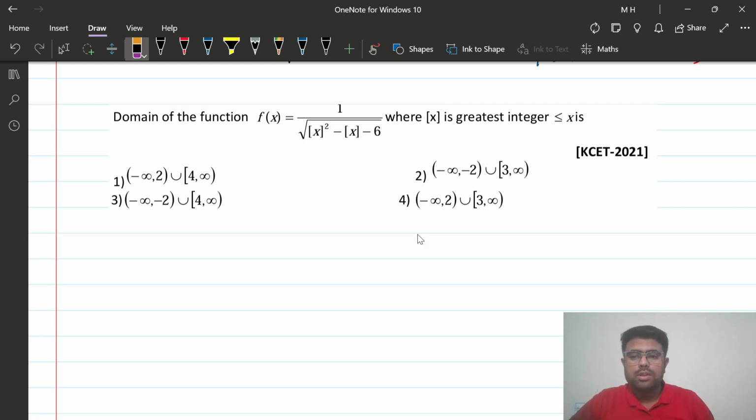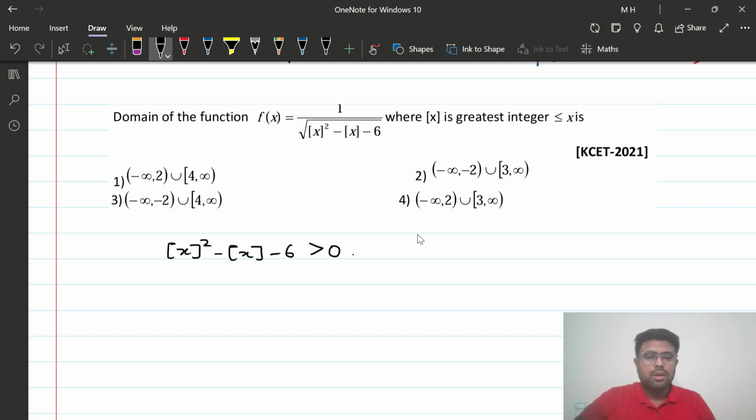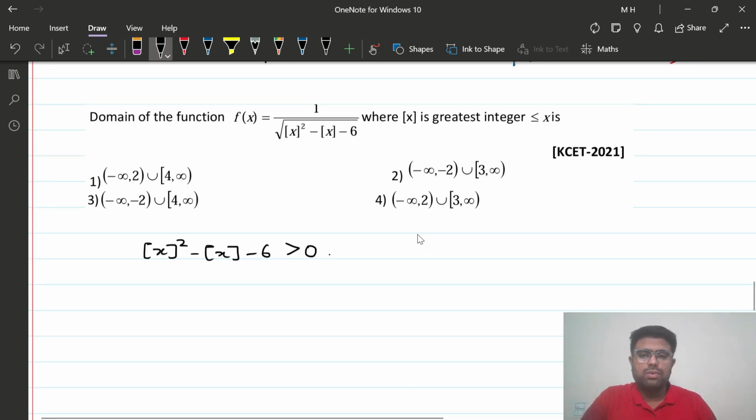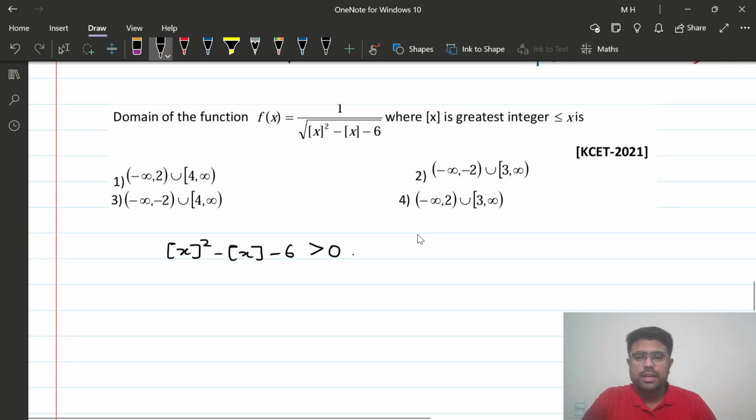So therefore, now the condition to find the domain here is box x square minus box x minus 6 should be strictly greater than 0. So this is what we have. Okay, to find out the exact points at which it becomes 0, I will equate this to 0.